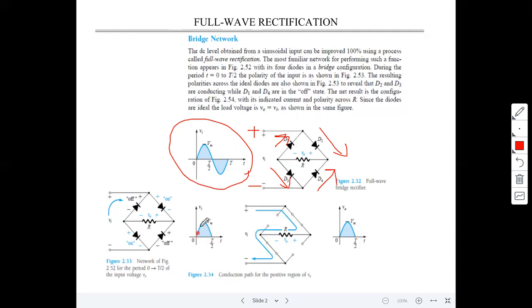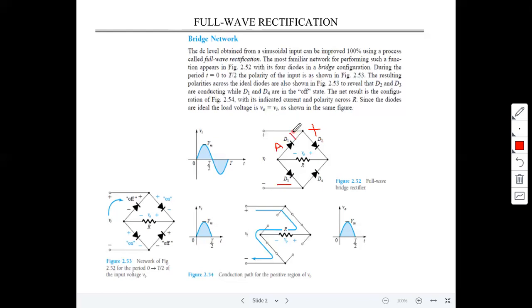During the positive cycle, what happens here? Observe, this is the plus and here it is the minus. Observe the anode and cathode for each diode.